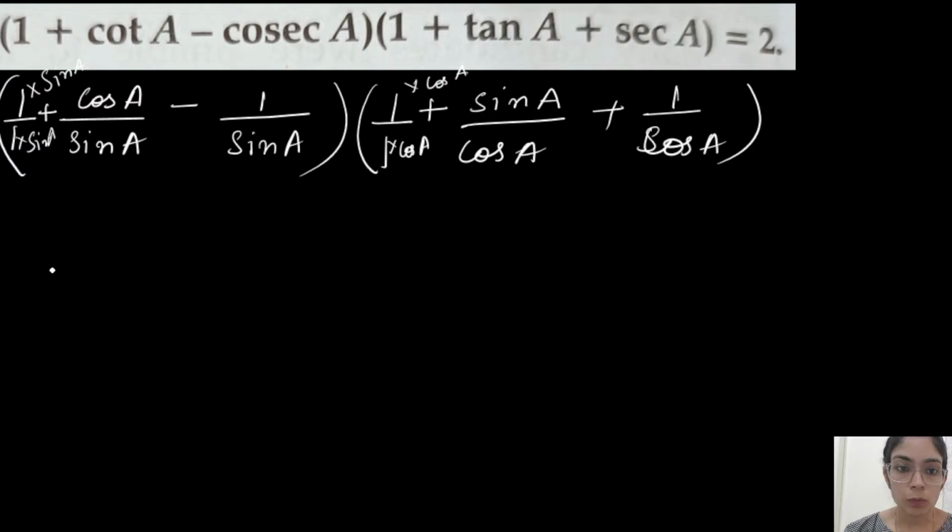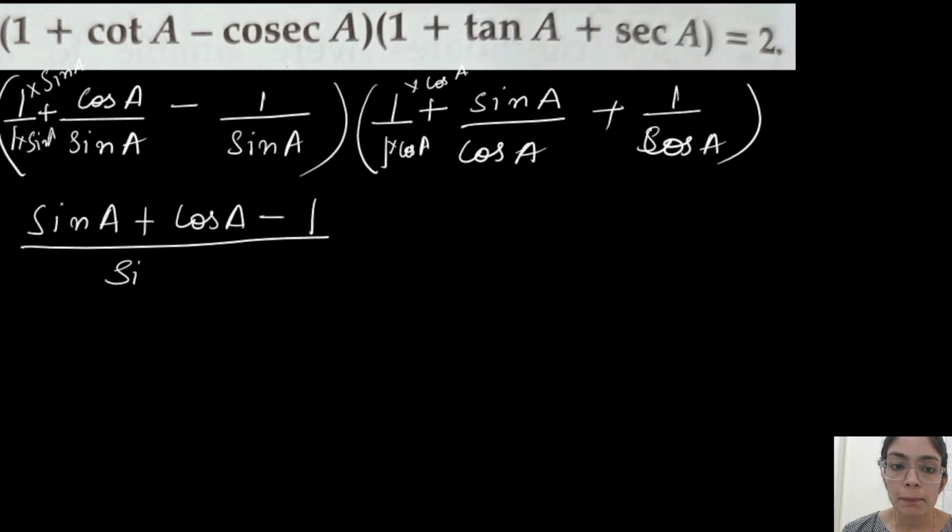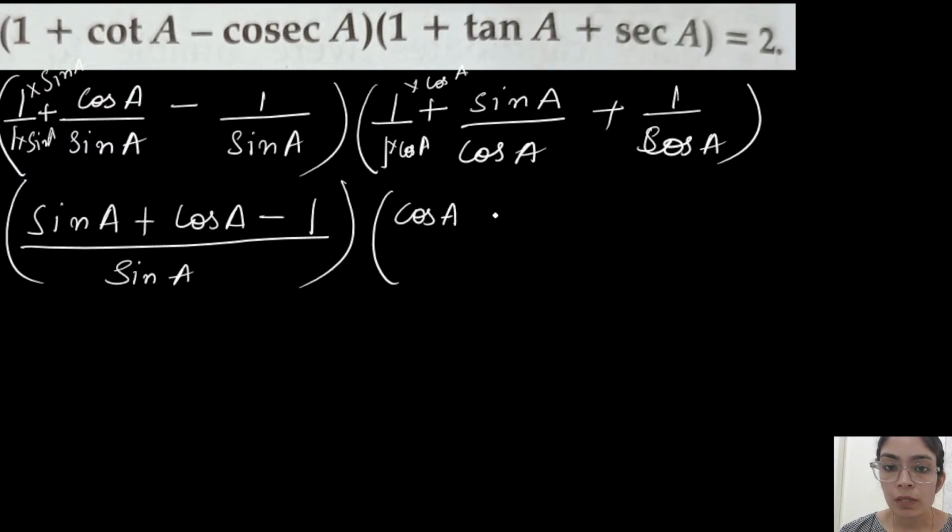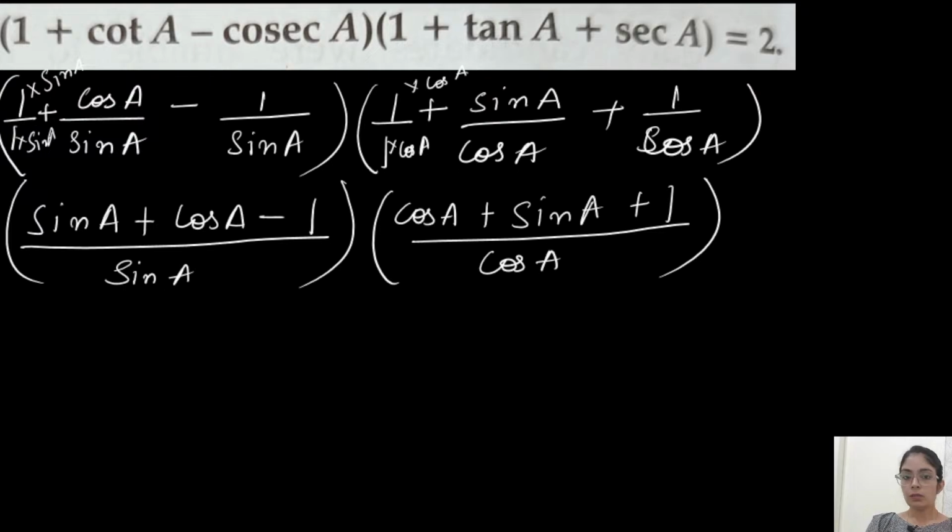Here I will get sine A plus cos A minus 1 over sine A, and here cos A plus sine A plus 1 over cos A. So this is what we have got.